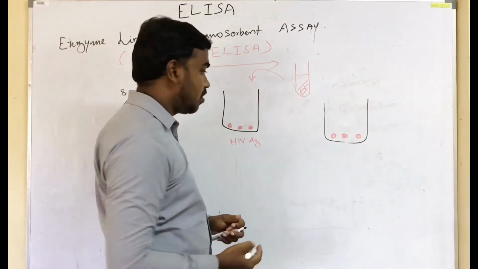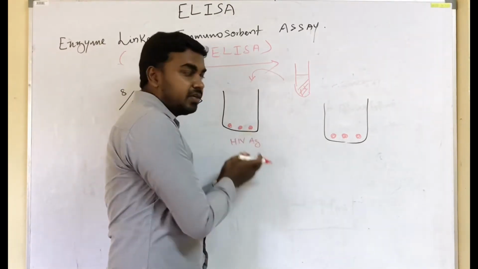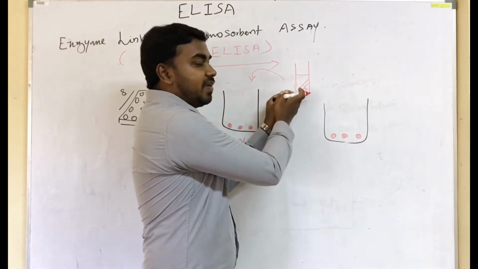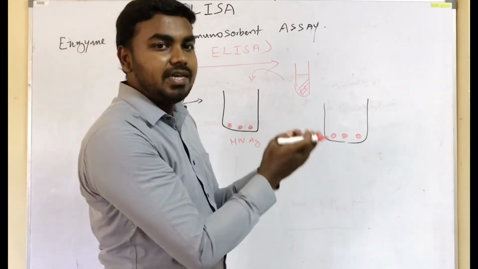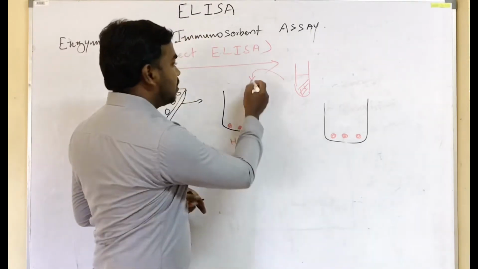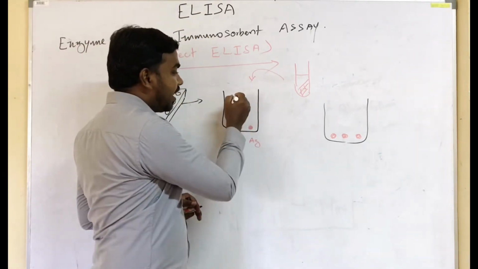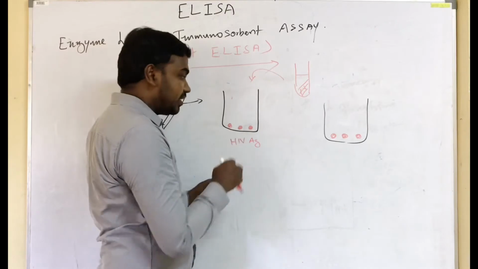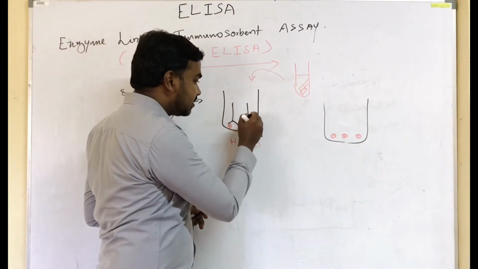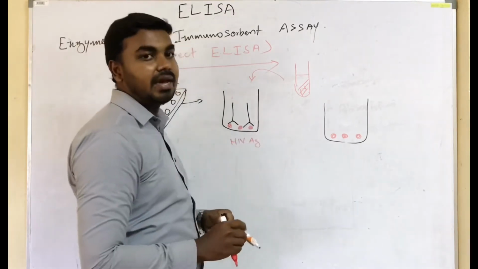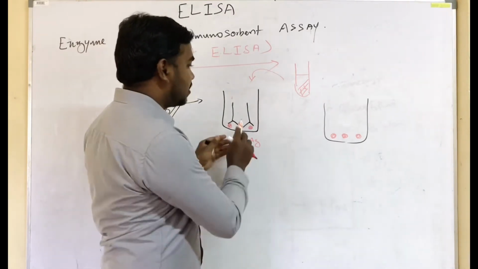What will happen? Obviously, we have the antigen here. If it is an HIV sample, this sample obviously contains what? Anti-HIV antibodies. So once I add it, these anti-HIV antibodies can easily react with these antigens. It's one step.